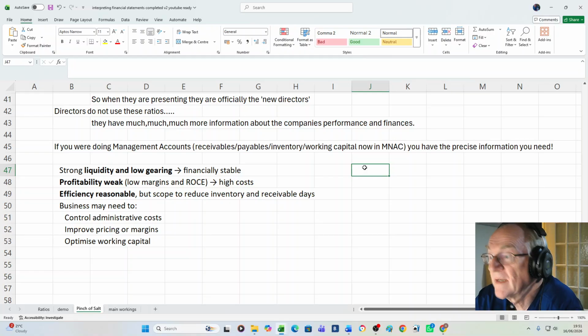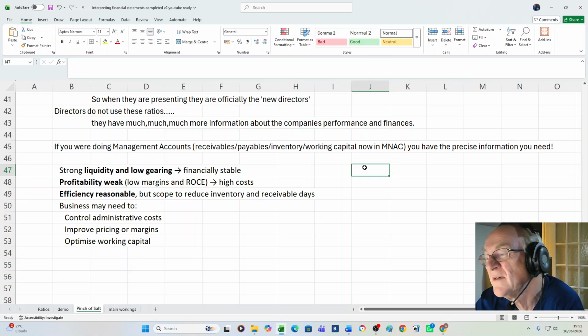From the examiner's notes on AAT, what are they looking at in the new syllabus? Essentially, strong liquidity and low gearing mean the business is financially stable. If the profitability is weak, that means low margins and therefore poor ROCE, return on the capital invested.